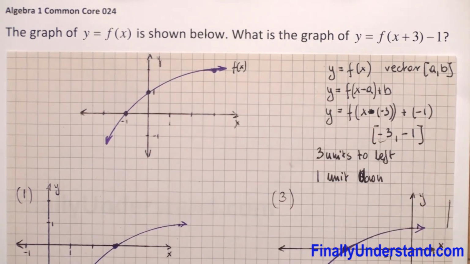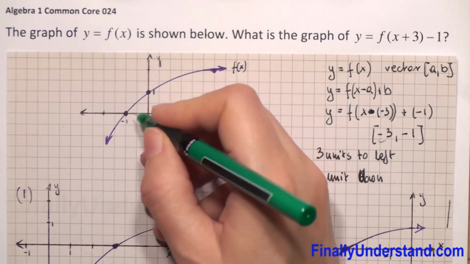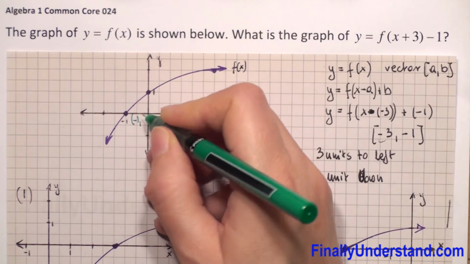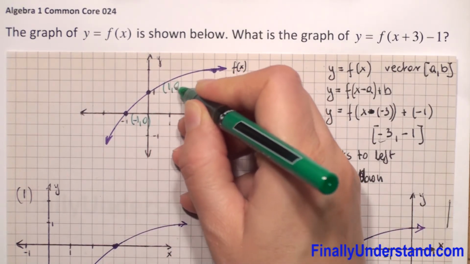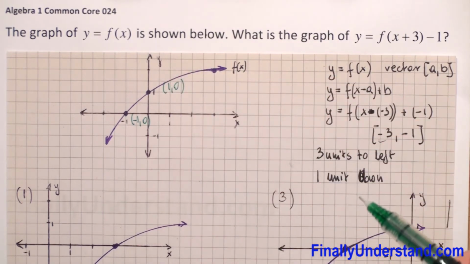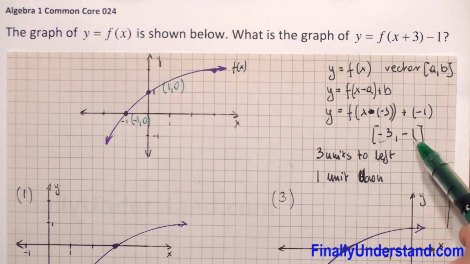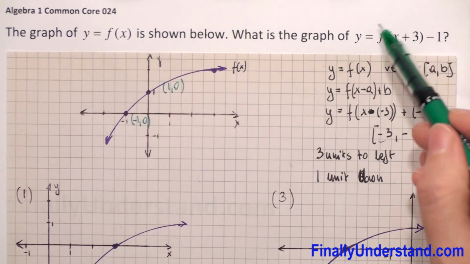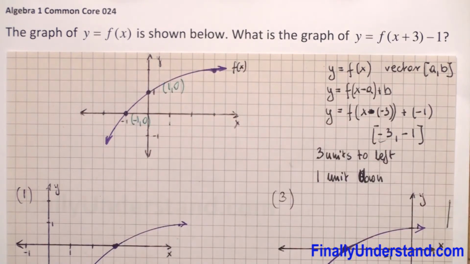What will happen when we move these two characteristic points, negative 1, 0 and 1, 0? When we move these 2 points 3 units to the left and 1 down, we will have the graph of our function. So let's do this.